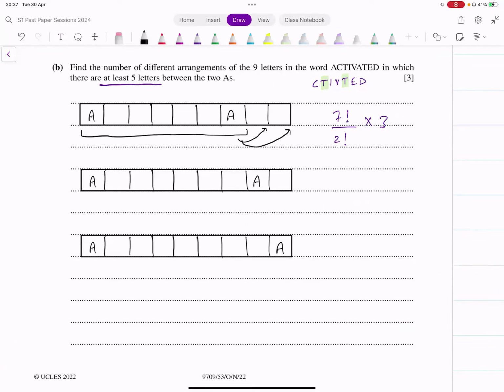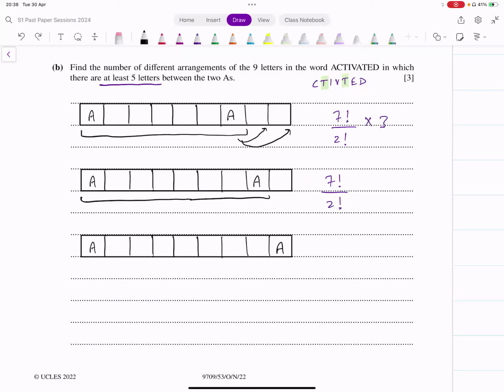Now, if you have 6 letters between them, again, you have 7 places and 7 letters left, 2 of them repeated: 7 factorial over 2 factorial. And then this set of 8 letters, it's currently appearing here with the remaining box on the right side.